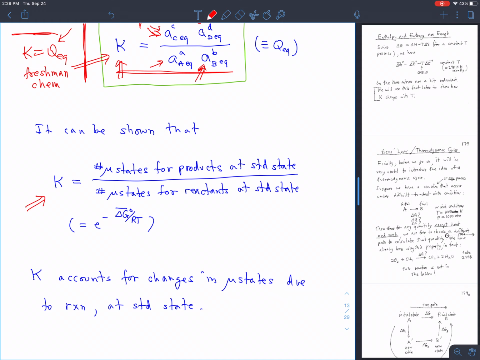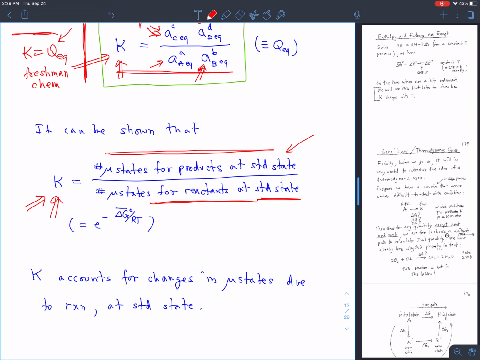It actually has a very clear and very nice interpretation, and that interpretation is this. The equilibrium constant is the number of microstates for all of the products combined when the product concentrations are at standard state, divided by the number of microstates for the reactants when their concentrations are also at standard state.